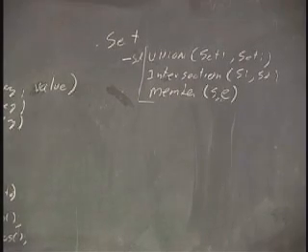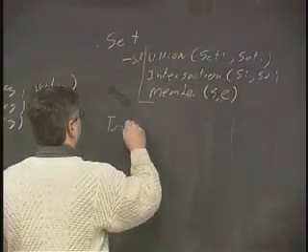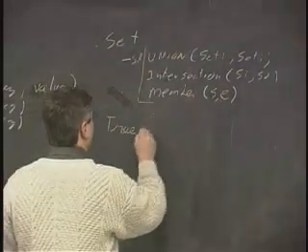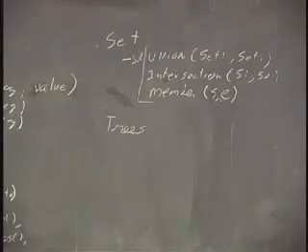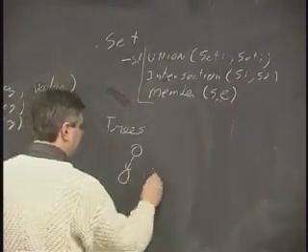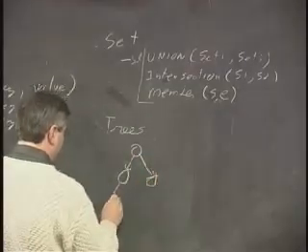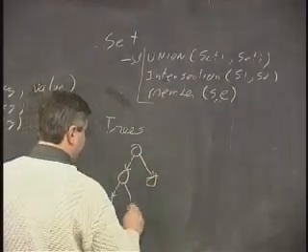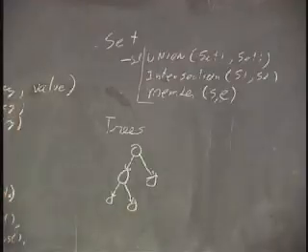Let's see. Final one that's useful more for representation are trees. Trees you see all over the place. Presumably, you know the tree data structure. It's a bunch of circles connected by lines. A lot of our data structures look like circles connected by lines.